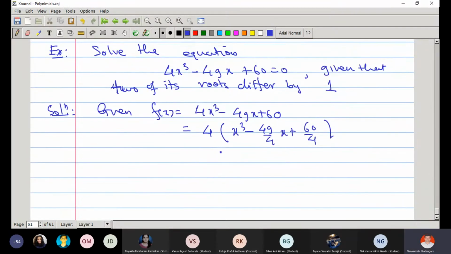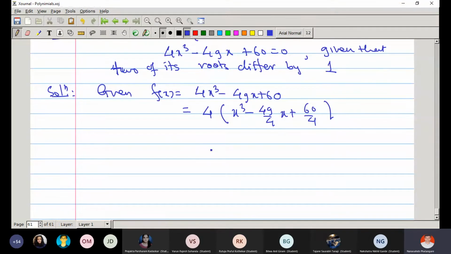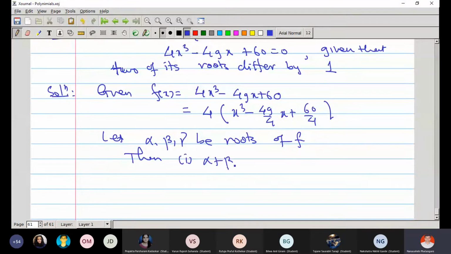The leading coefficient should be 1, and then we compare. Let alpha, beta, gamma be roots of f, then alpha plus beta plus gamma, what is it? 0, because the coefficient of x square is 0.